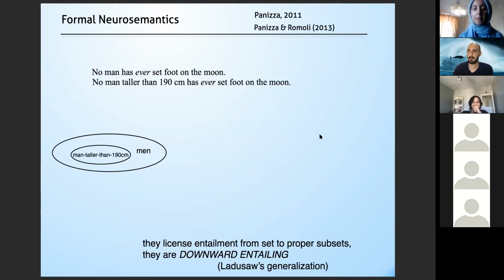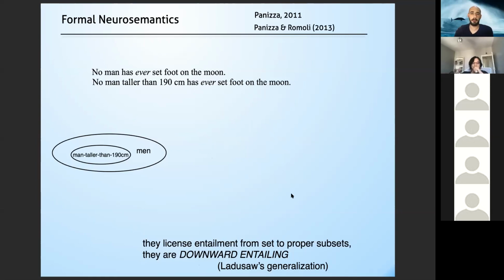In fact, yes, right? So this is an example of a downward entailing context, because it licenses this entailing inference from a set of men to a proper subset of men, which is men taller than 190.